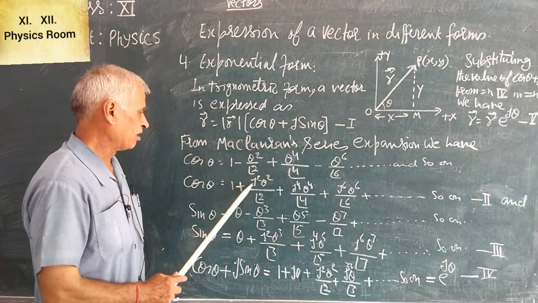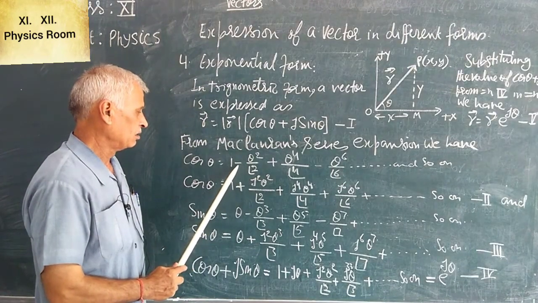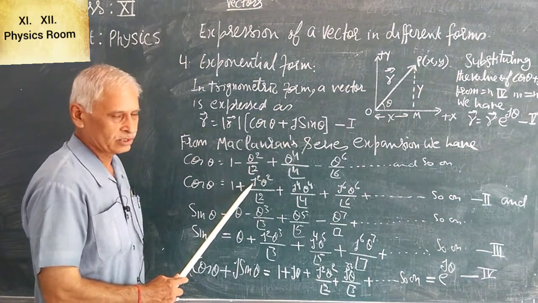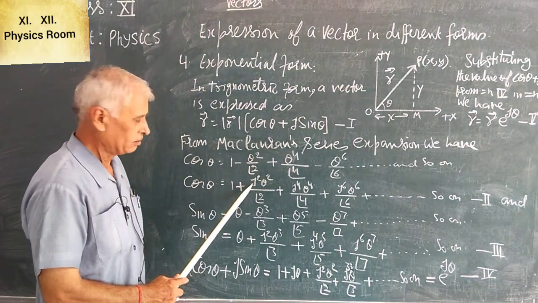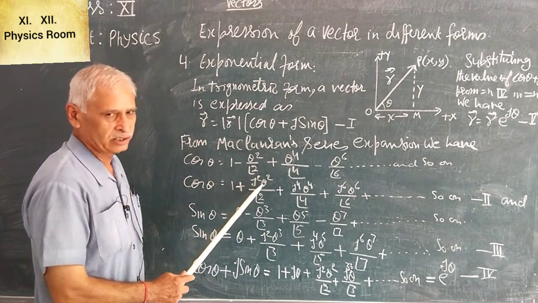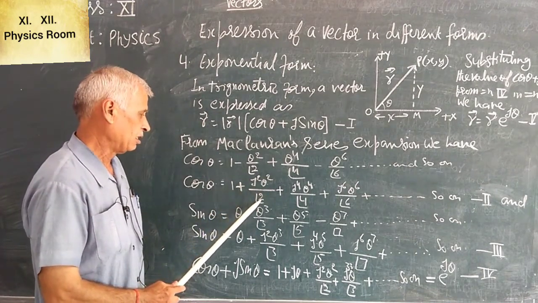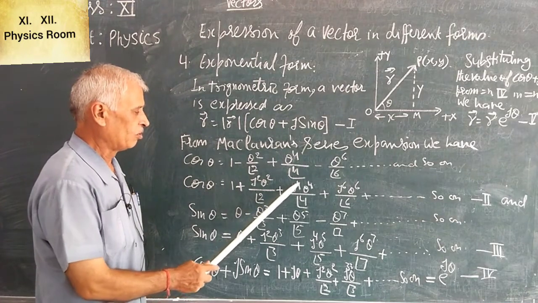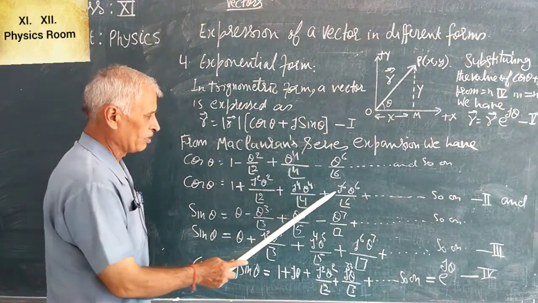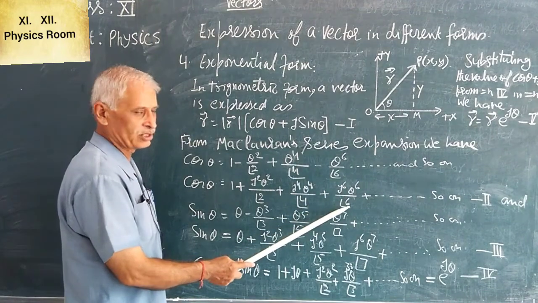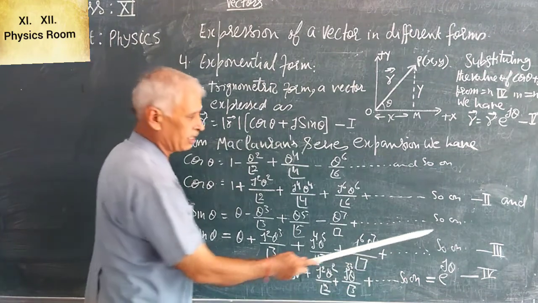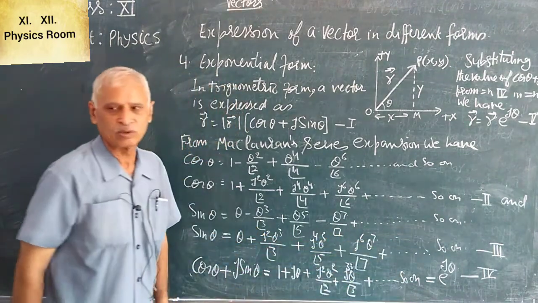Now j square is minus 1, so in place of minus 1 it becomes plus when we put j square. So 1 plus j square theta square by 2 factorial plus j4 theta 4 by 4 factorial plus j6 theta 6 by 6 factorial and so on. Let us mark it as equation number 2.